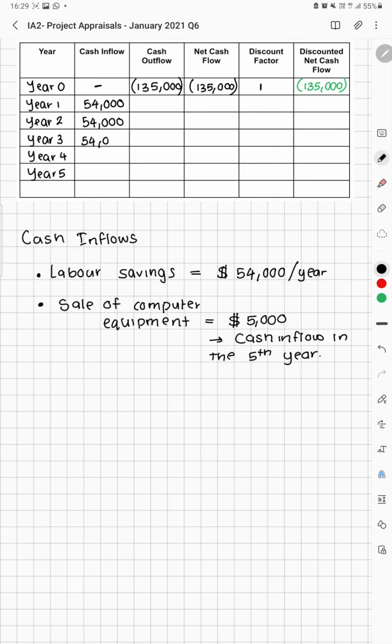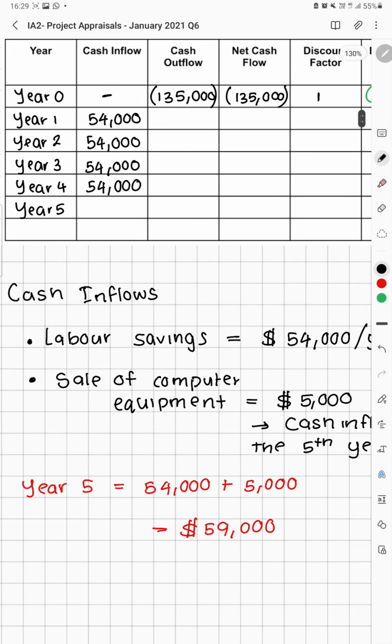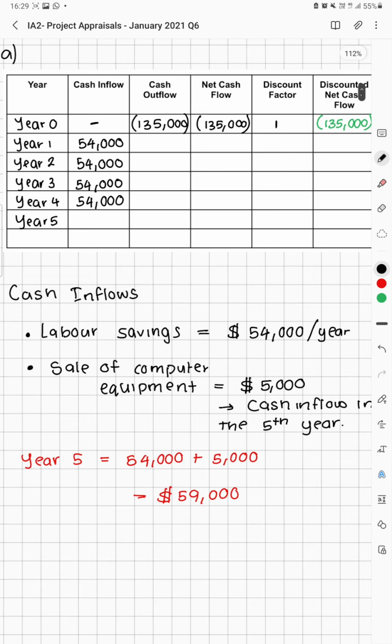Year 5 will be 59,000, because aside from the labor savings of 54,000 a year, we also have the scrap value: 54,000 plus the 5,000 that we received from selling the computerized equipment, which is equal to $59,000. So in year 5, our cash inflow is $59,000.